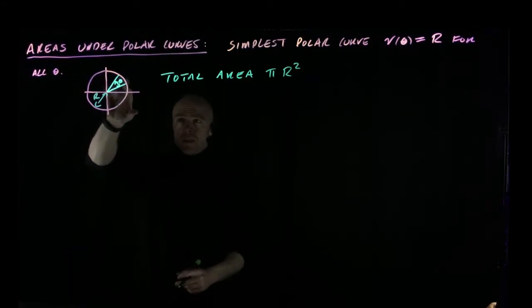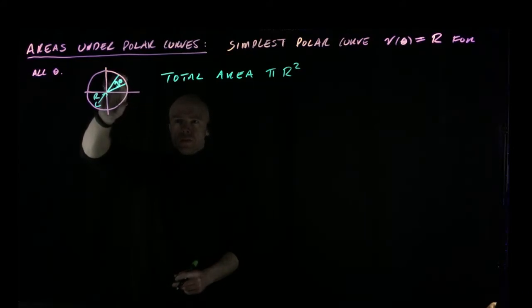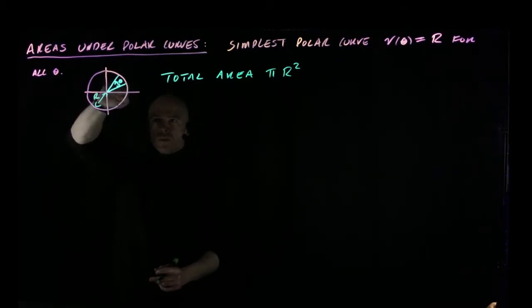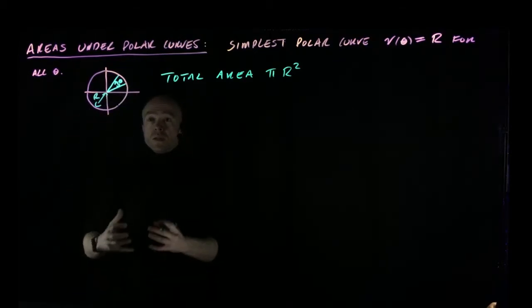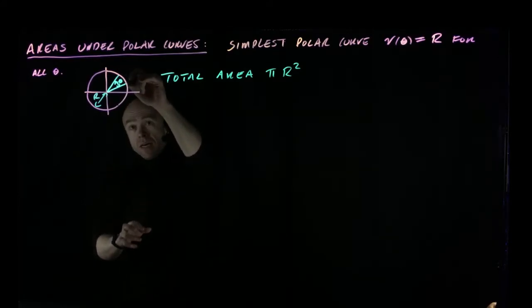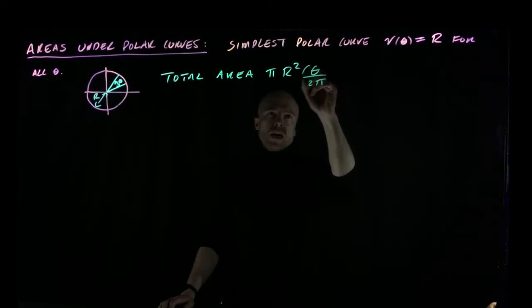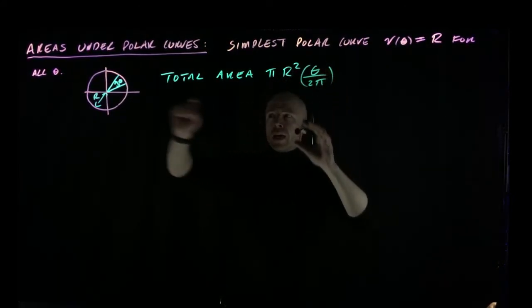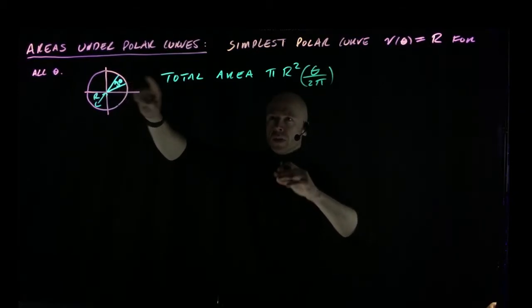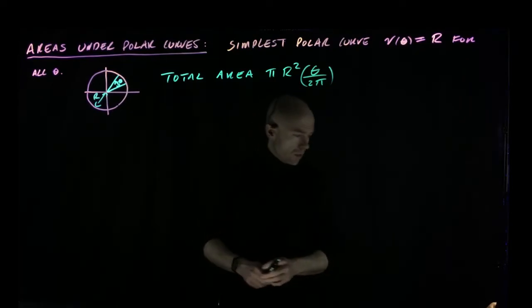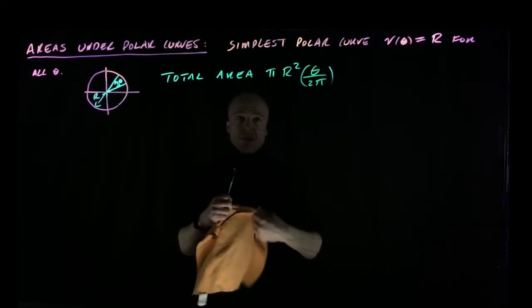And this particular little piece right here would be the same area as if we were just going from 0 to theta, if we rotated things around so that this line was on the positive real numbers. So the total proportion of angles contained in this little piece is going to be theta over 2 pi. This is the total area. Oh, what I've written makes no sense. I'll erase that. So the total area is this.